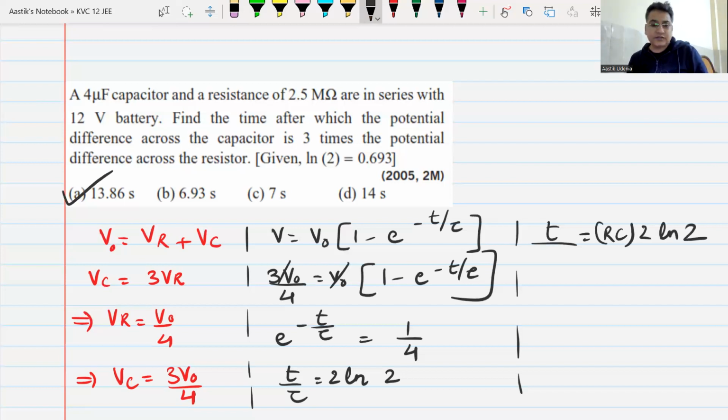The answer comes out to be 13.86 seconds or microseconds, whatever. Do we understand this? Everyone got this? Yes, sir. You understand how this is done?